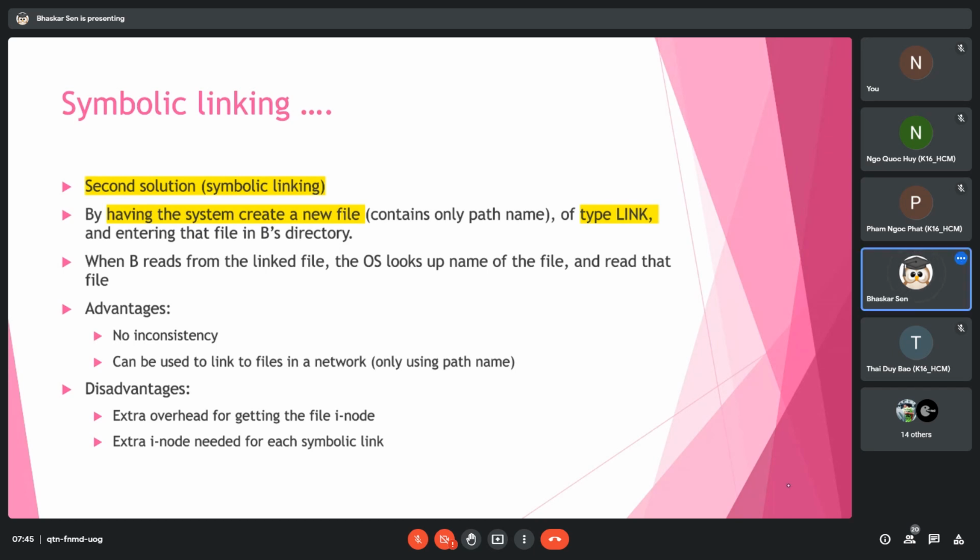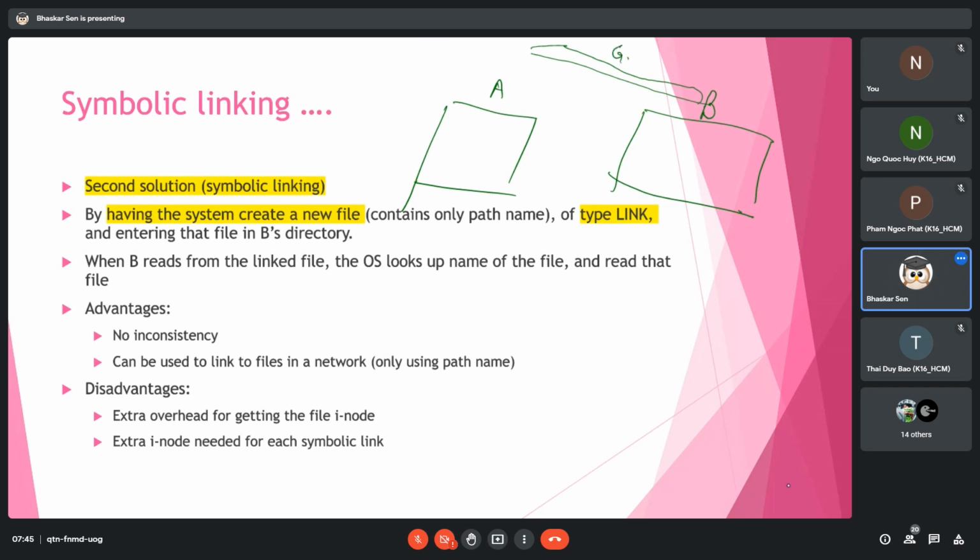What we do in symbolic linking, just try to imagine, in case of symbolic linking, that there are 2 drives. This is you, and this is your friend. So you are all in the drive space, and this is the Google OS.